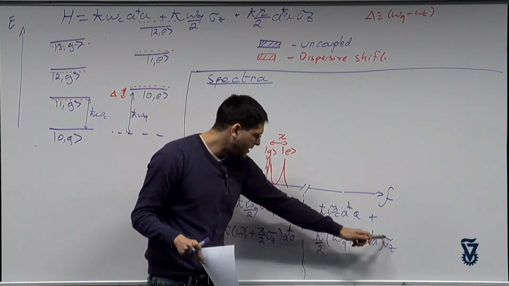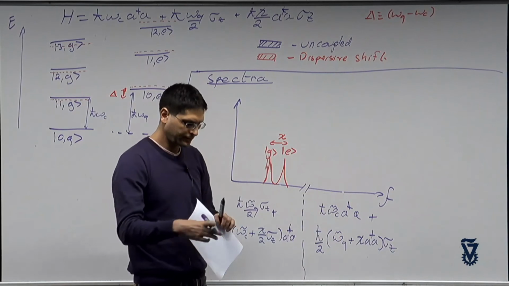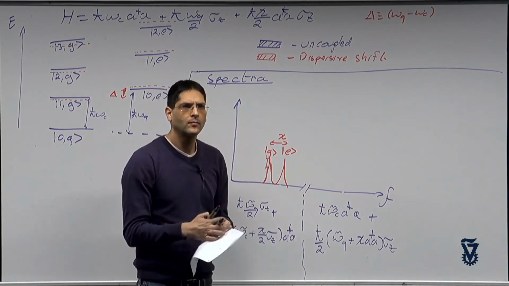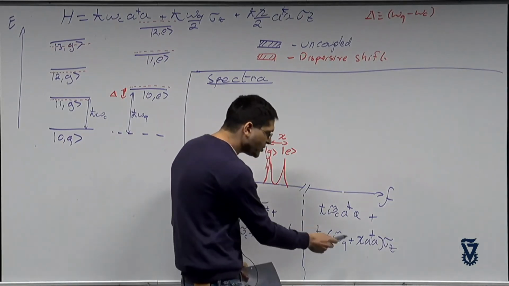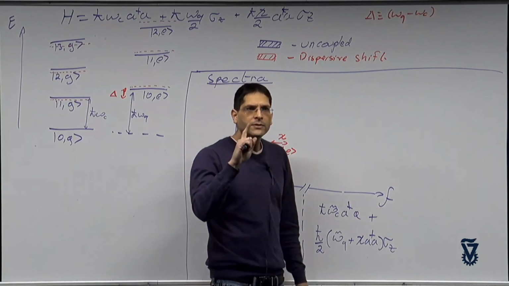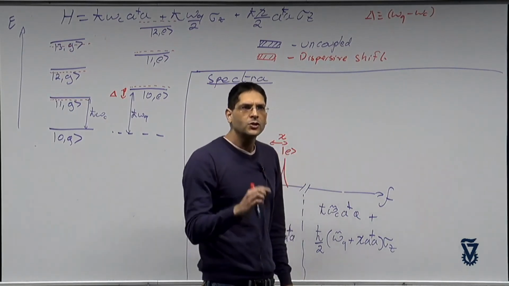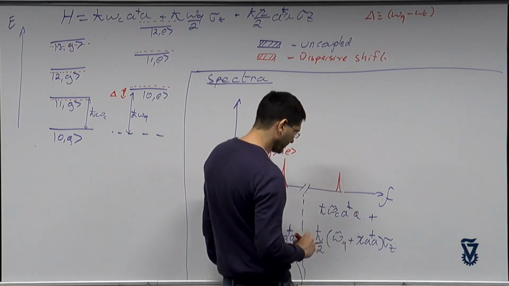We're looking at the vicinity of the qubit frequency omega q. A shifted atom, shifted to lower sigma. Exactly, an atom that is shifted, but it's shifted in a discrete way, right? A dagger a, what does it do? It counts the number of photons. So if we have 0 photons in the cavity, we're going to have a peak for the qubit.